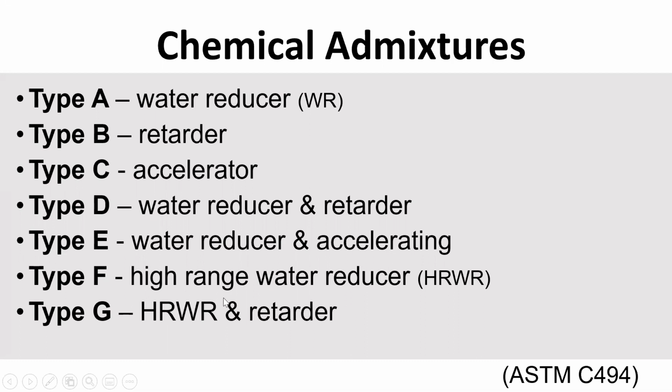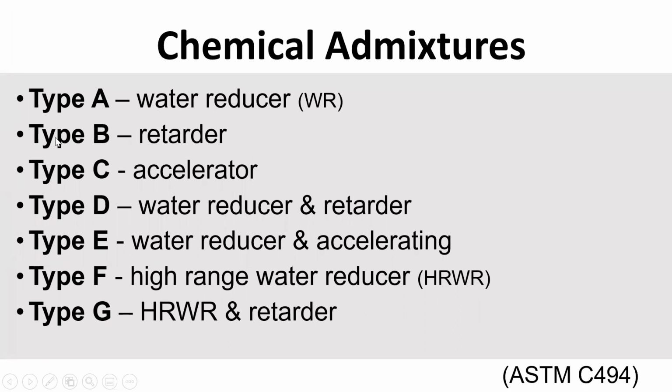Some also are accelerators or retarders. And then other ones like a type F and a type G actually drastically improve the workability of the concrete even further than just a type A, D, or E.